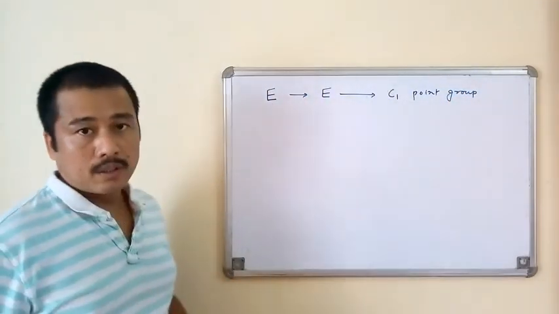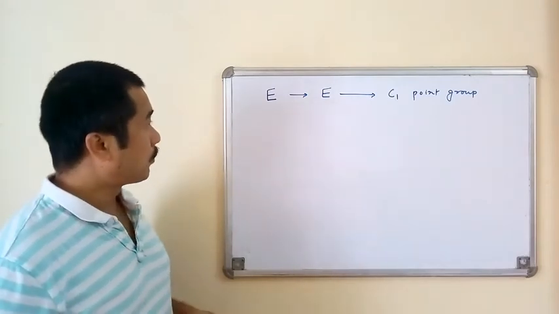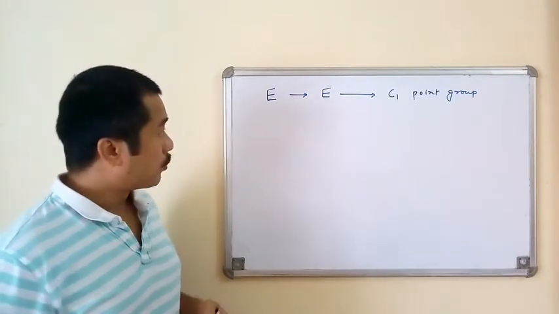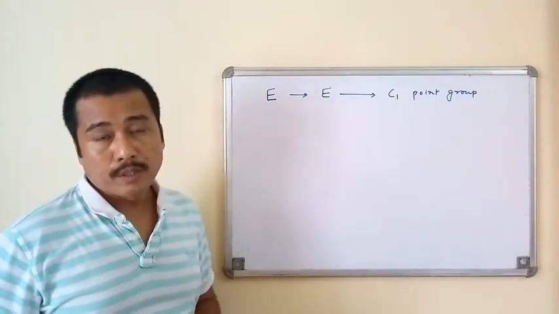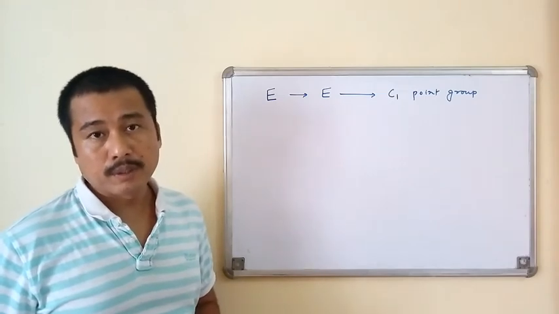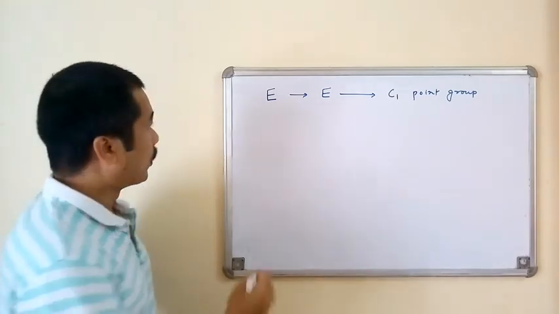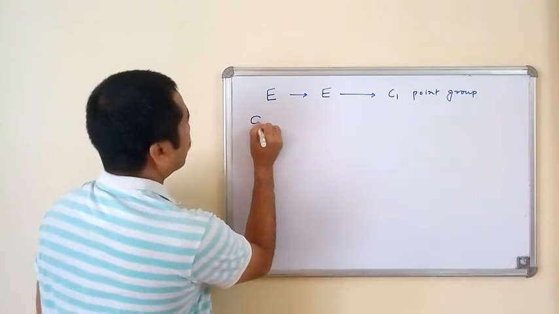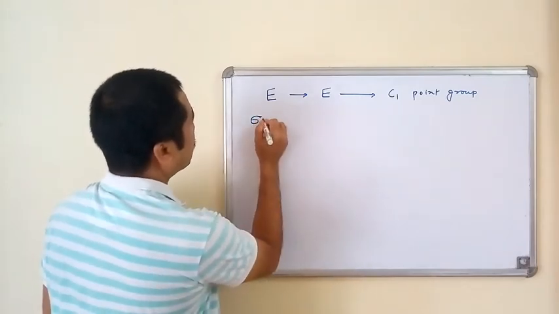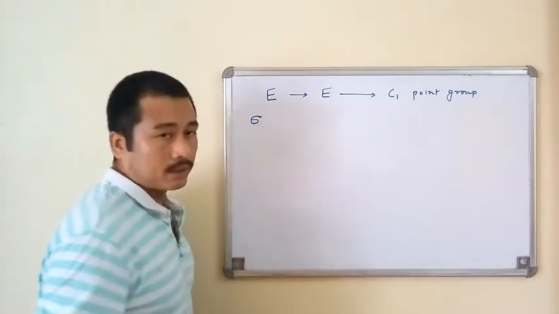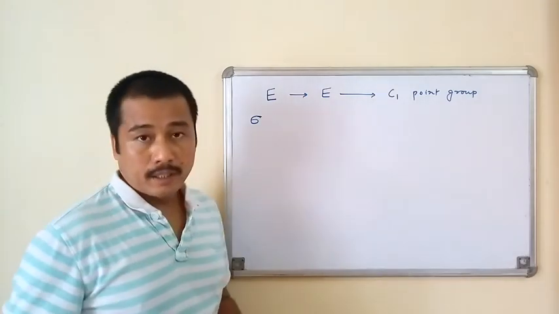So then let us look at the point group or the mathematical group that is formed when only a plane of symmetry is present within a molecule. That is, if only a sigma is present, a plane of symmetry is the only element of symmetry.